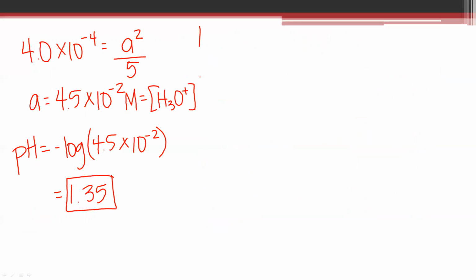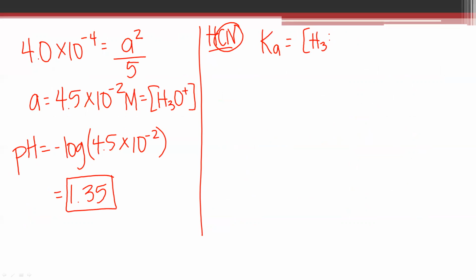Okay, where now this is the second part. So we're thinking about our HCN here because that contains the CN portion. When I set up my expression for Ka, I have my hydronium times my cyanide over the concentration of HCN.